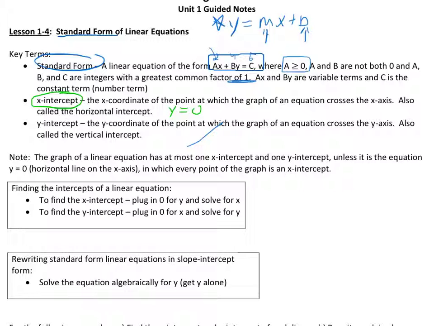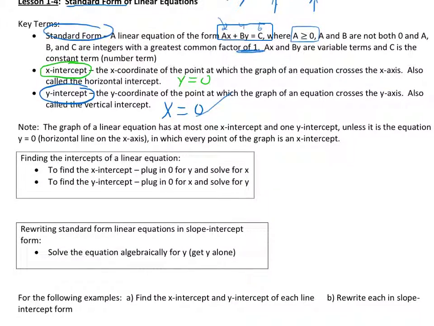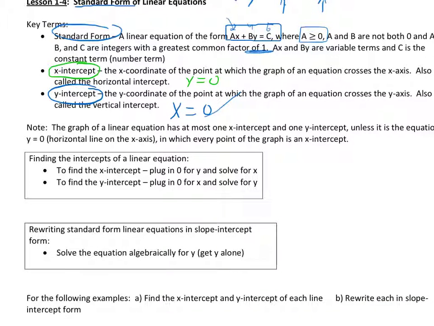And on the other side of that, the y-intercept is when x equals 0, because when x is 0, you are on the y-axis. The graph of a linear equation has at most one x-intercept and one y-intercept, unless it is the equation y equals 0, which is a horizontal line on the x-axis, in which case every point is an x-intercept, and we'll see that later.